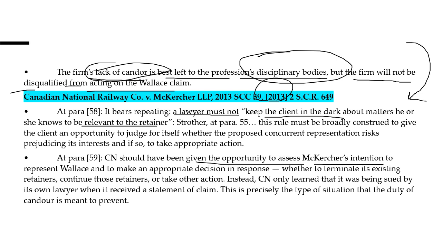The court said that CN should have been given proper time and opportunity to see whether McCarthy taking up the case for Wallace is not against CN. CN should himself be satisfied. And CN will take an appropriate decision in response, whether to terminate his existing retainer or continue, or to take any other action.